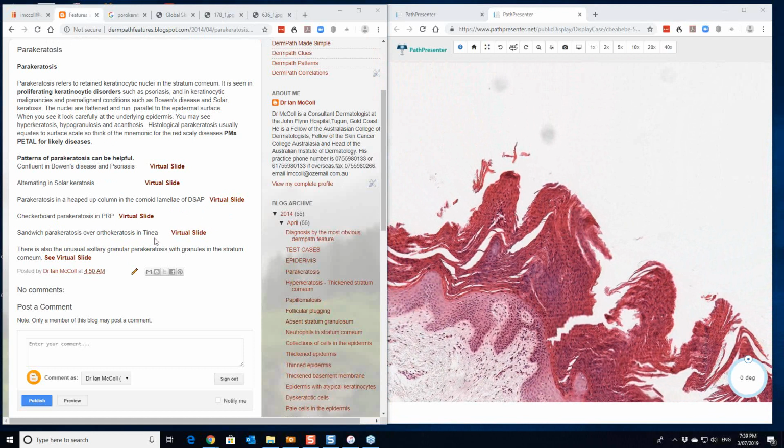Although in the example we were looking at there were some neutrophils as well, I think, in between orthokeratosis and parakeratosis. Probably better looking sandwich line. And then that unusual axillary granular parakeratosis, the heaped up massive granules of parakeratosis that we were seeing there in that unusual, probably irritant reaction in the axilla.